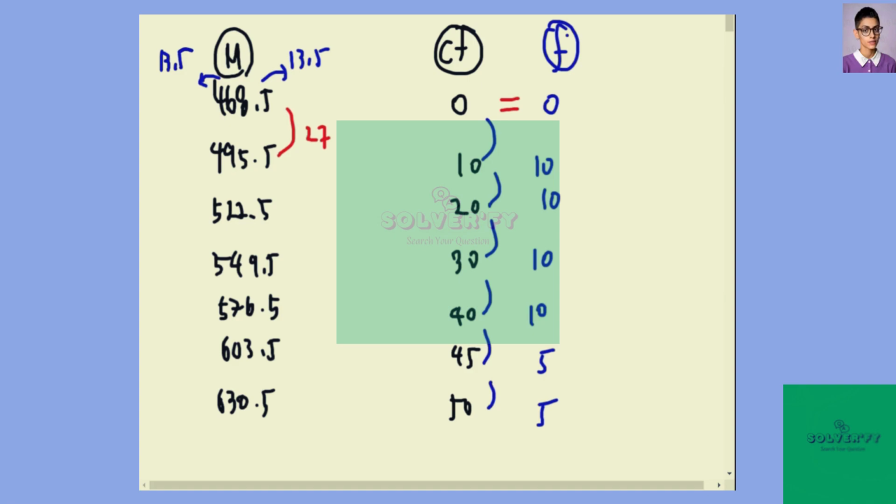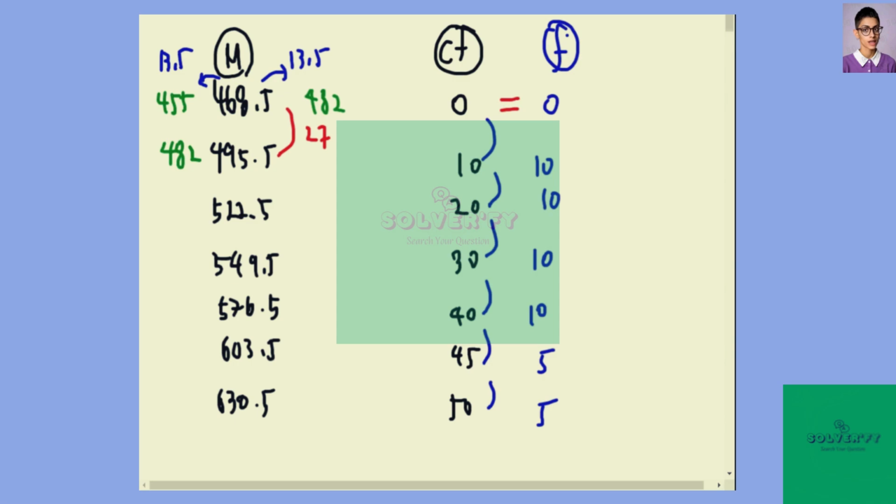So let's do that calculation. So this will be 455, and 468.5 plus 13.5 will be 482. And 495.5 minus 13.5 will be 482.